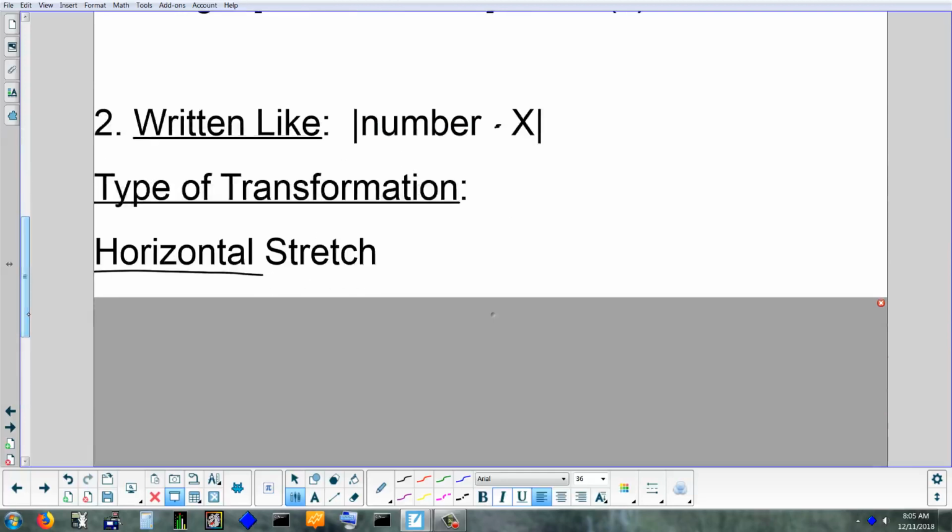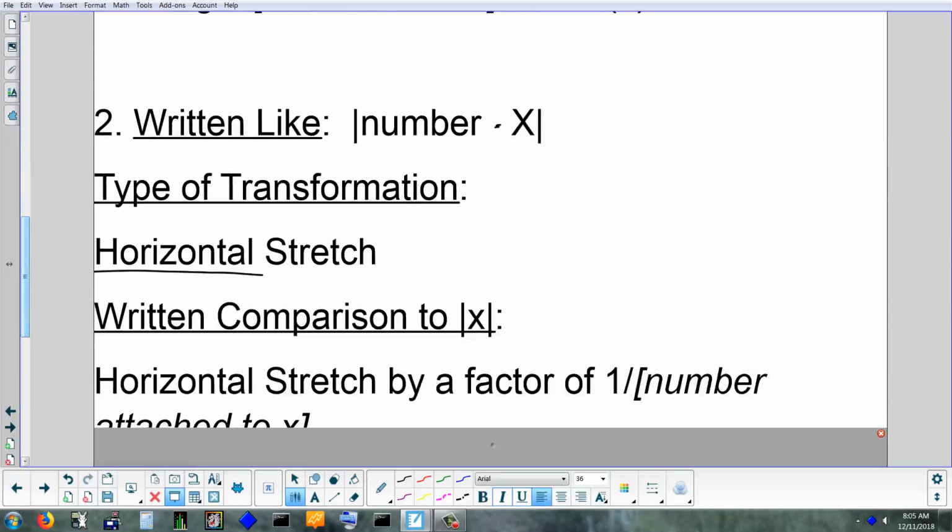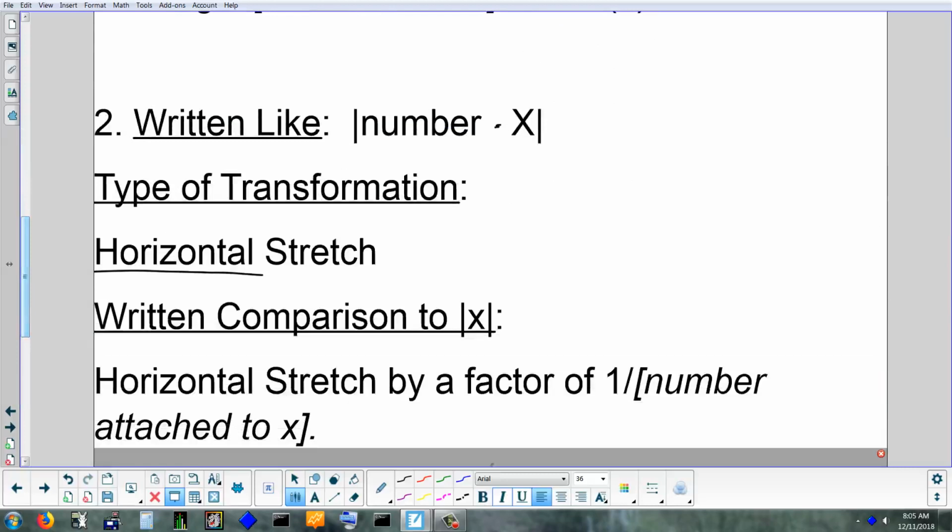Okay, so under number 2, type of transformation, you want to put horizontal stretch. And this is how you would write it. This part that I underlined always stays the same: horizontal stretch by a factor of 1 over the number. That part changes.